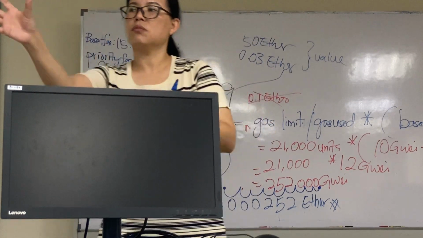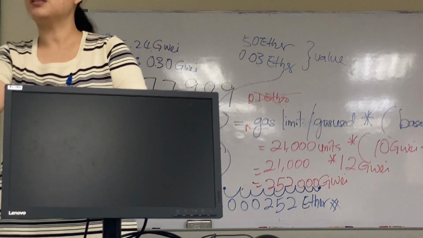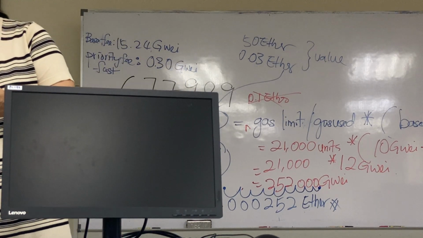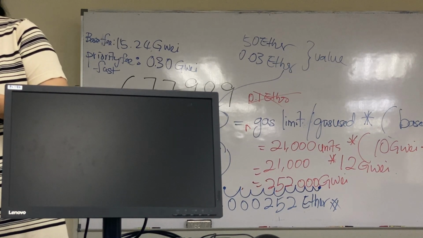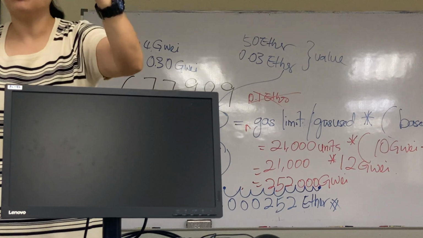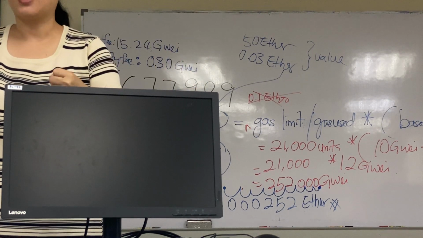You execute your code to transfer this 50 ether. The execution of the code is the same as the lines of code that you execute to transfer 0.03. Get what I mean?